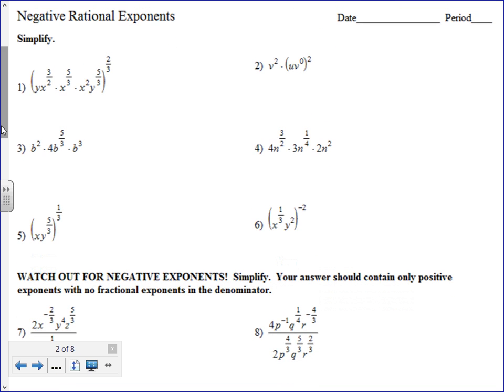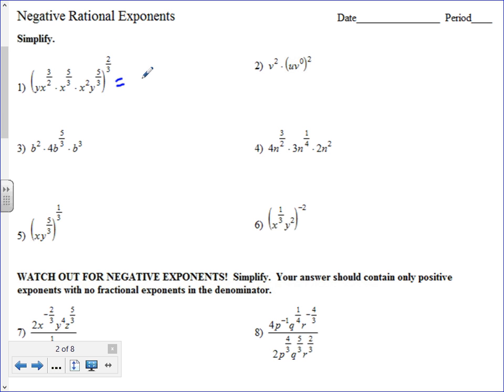Let's do number 1 together. And number 1, well, I'll ask you. What's first in number 1, Steve? Distribute each fraction by the fraction on the outside parentheses.